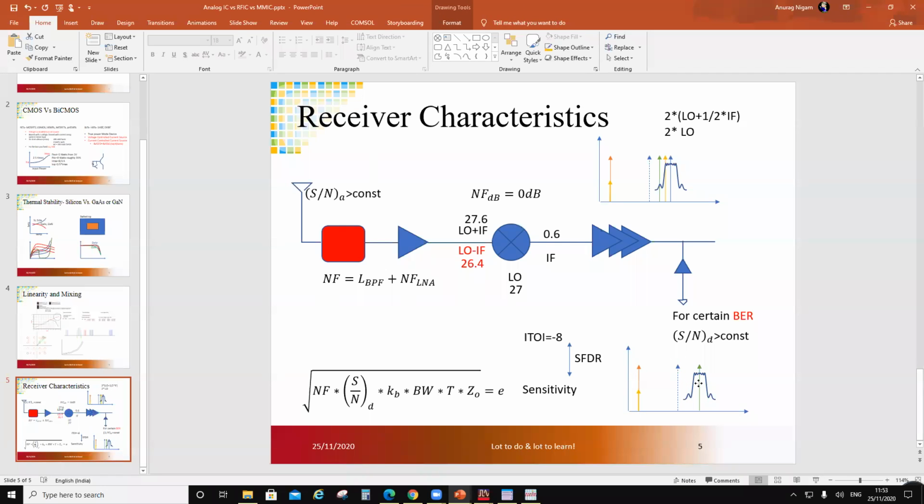That means that RF and LO are on top of each other. And this results in the baseband, which would be this. And this basically is nothing but this folded over itself.